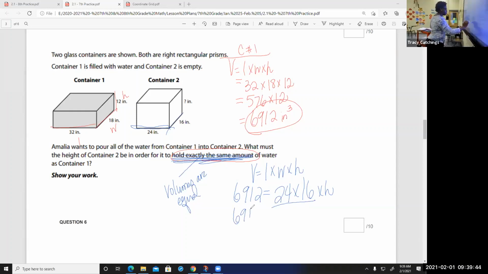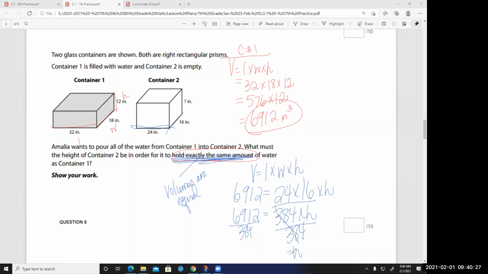Somebody do 24 times 16. 384. Divide by 384 on both sides. 18.